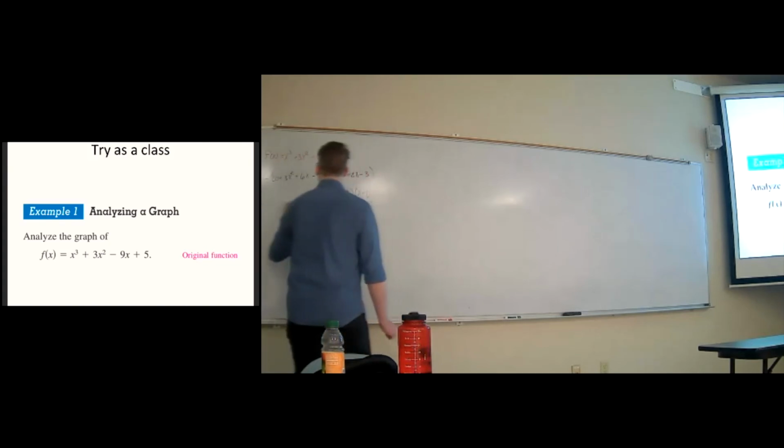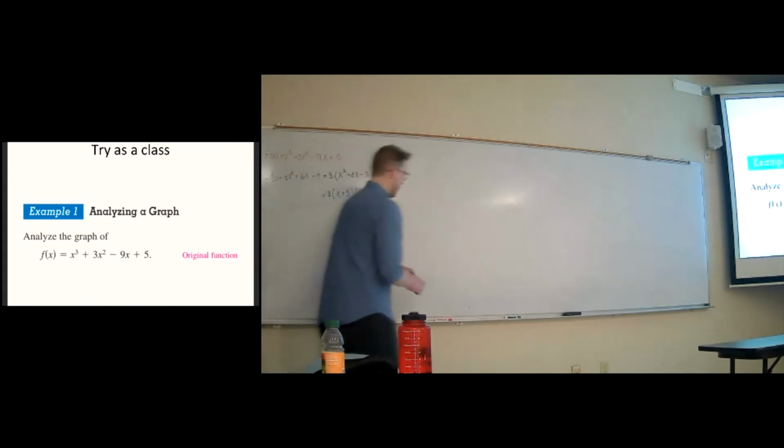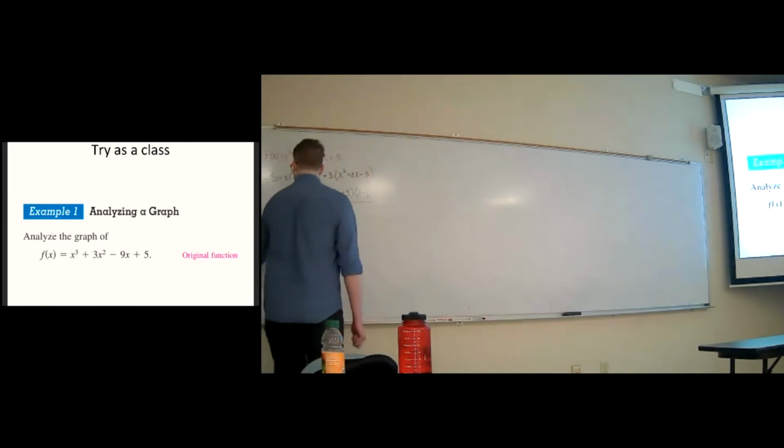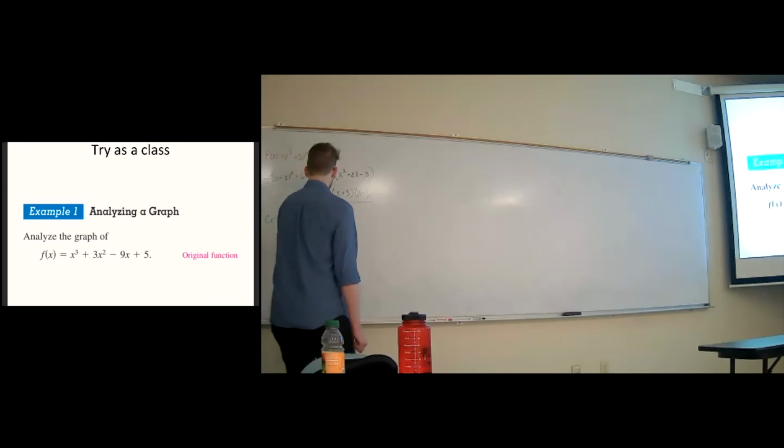So automatically, we know our critical numbers just from this. Agreed? Critical numbers are going to be -3 and 1. So when f prime of x is equal to 0, that happens at x equal to -3 and x equal to 1.